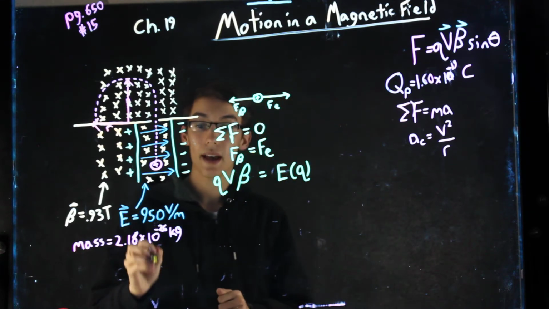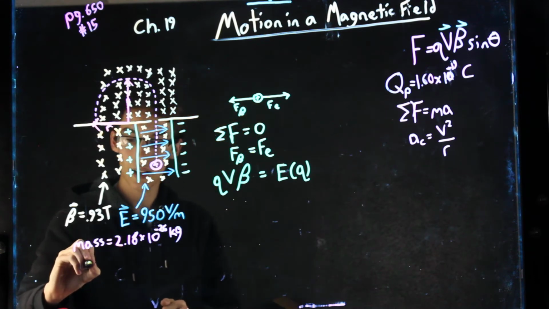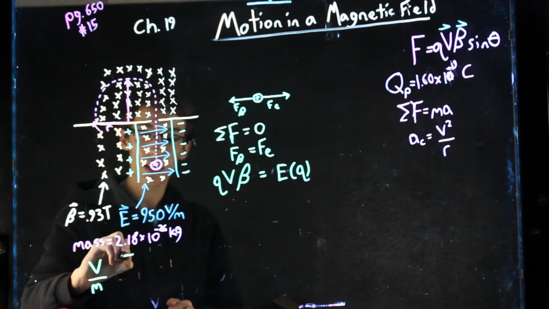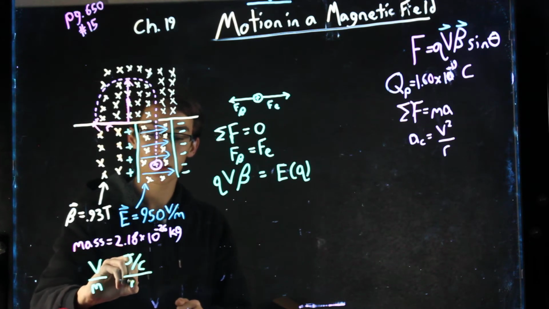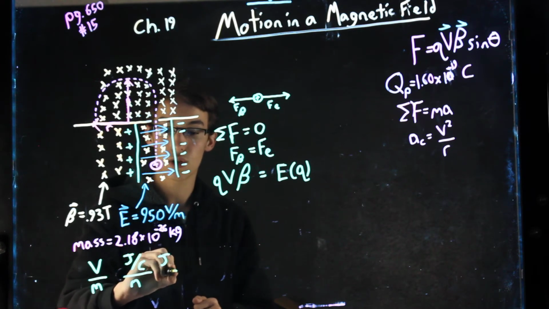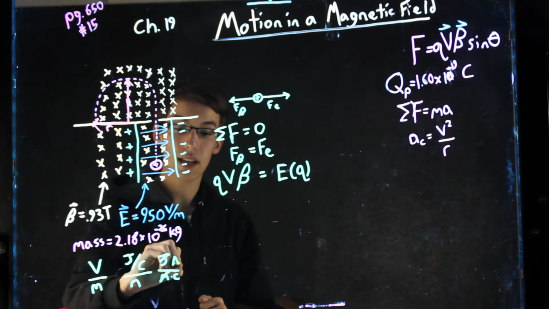And you can also get that because if we just do a little unit analysis here, volts per meter. We know that the unit of volts is joules per coulomb. That is one of the definitions of a volt. So joules per coulomb, if we move that to the denominator, we get joules per meter times coulomb. Joules per meter actually is the same thing as a newton.